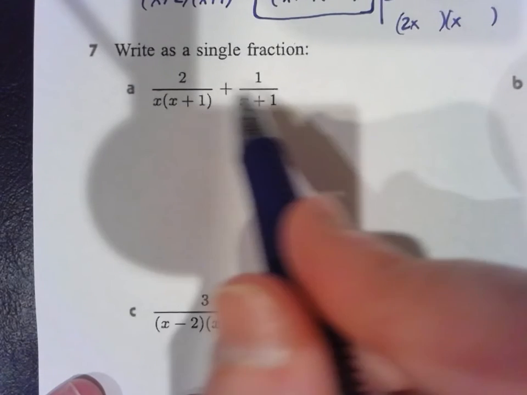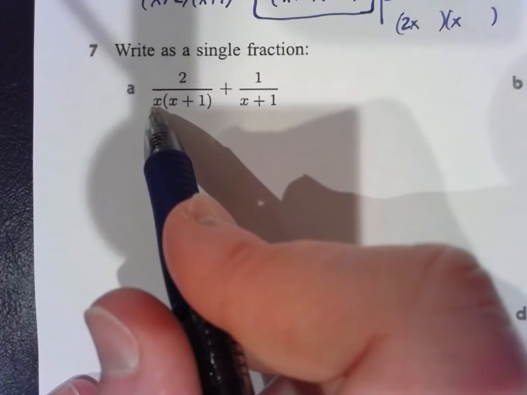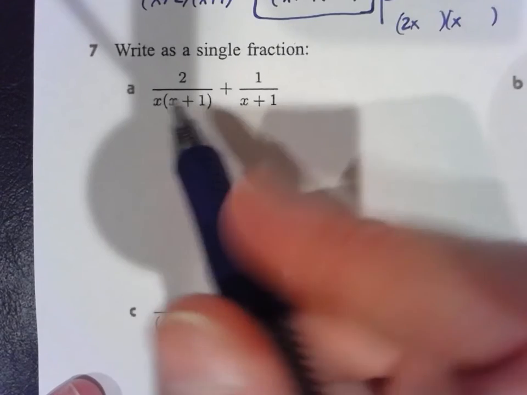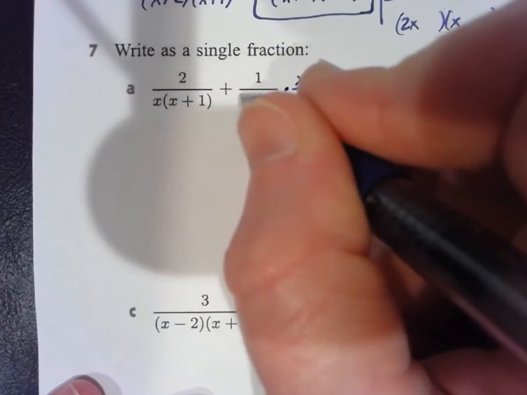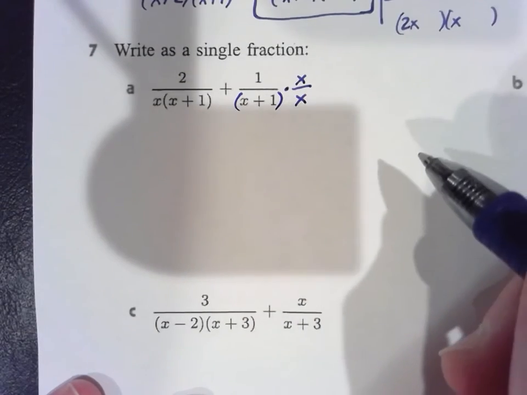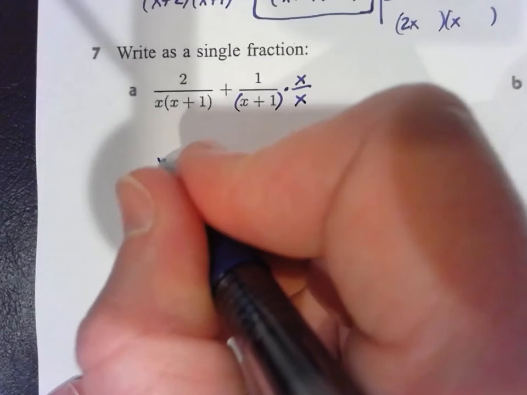So there's an x plus 1 in both, but the first one also has an x. So the way to get them the same is I need an x in the second fraction, the second denominator also. So x times x plus 1 will give me the same denominator.